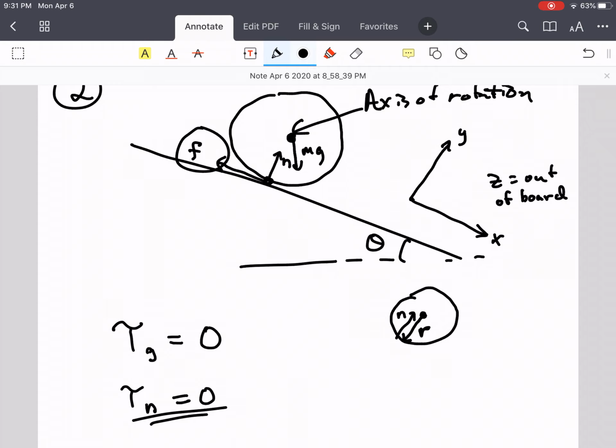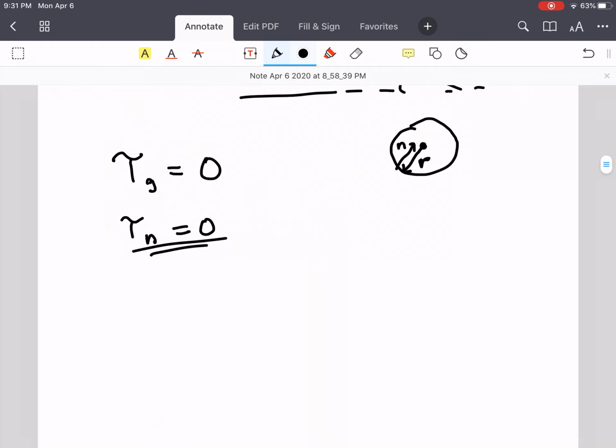Finally, let's talk about friction. So friction will cause torque. And now we just have to appeal to our formula. So the one I'm going to appeal to is F times the radius r times the sine of the angle between them. Let's call that phi to disambiguate that from theta, which was drawn above.